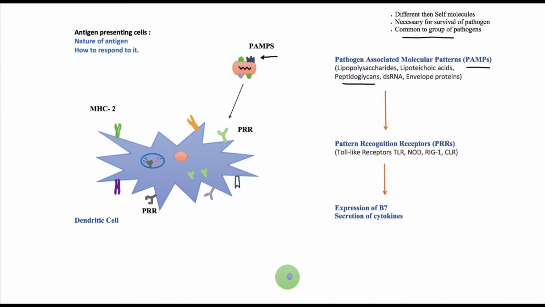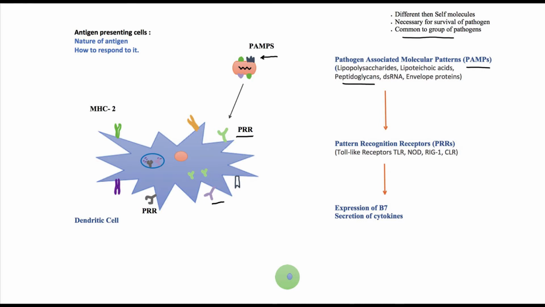Next question is how antigen-presenting cells recognize these pathogen-associated molecules. These molecular patterns are recognized by antigen-presenting cells by receptors on their cell surface called pattern recognition receptors, like toll-like receptors.